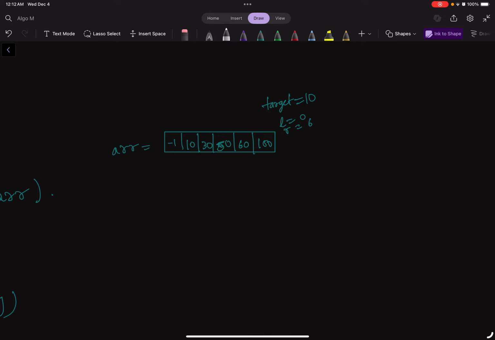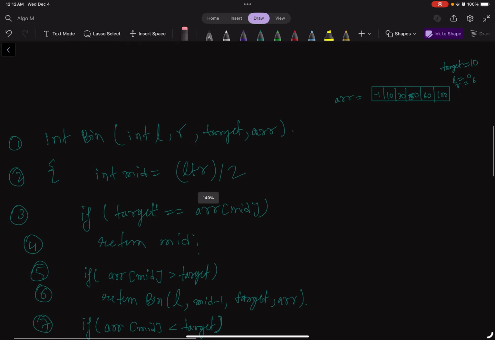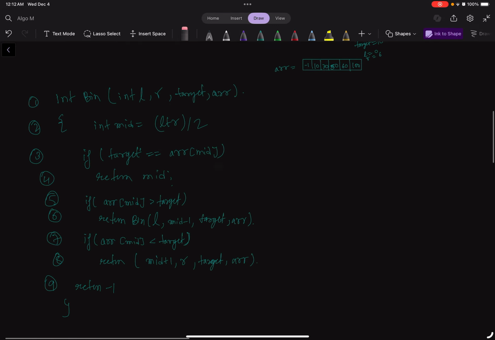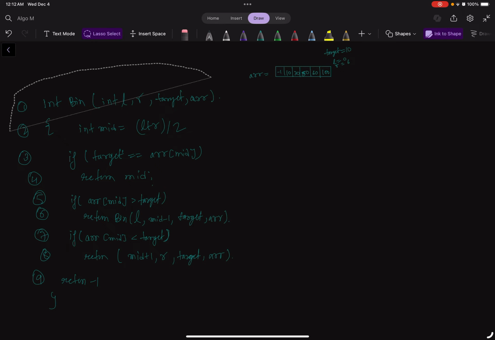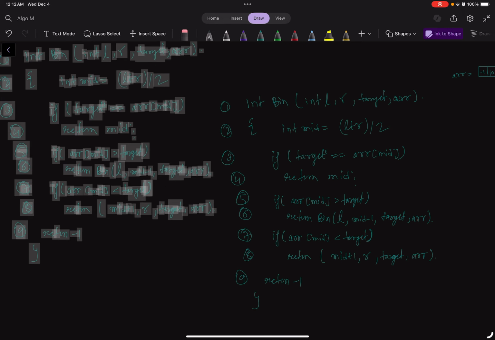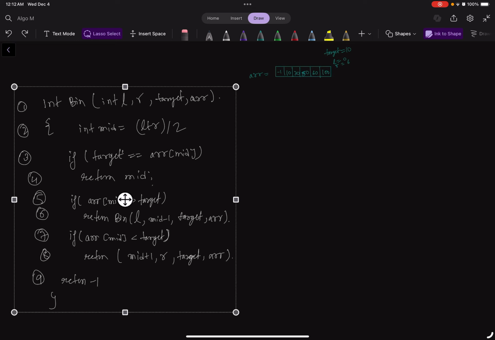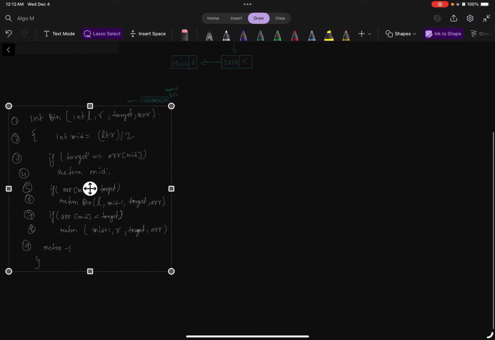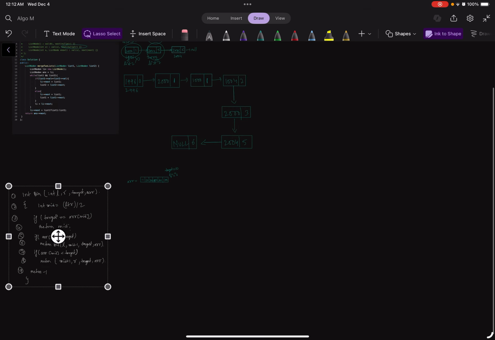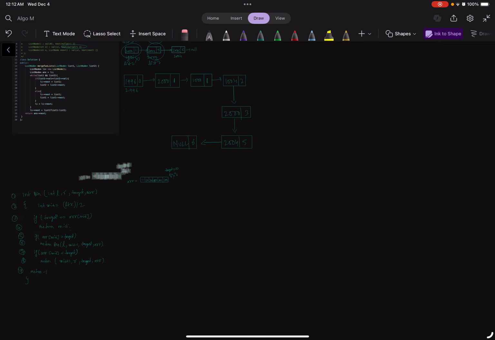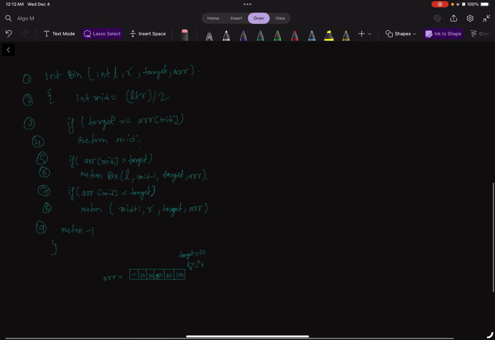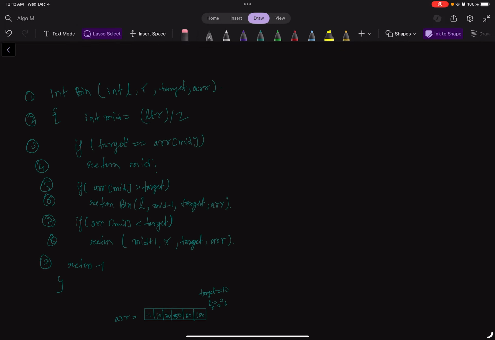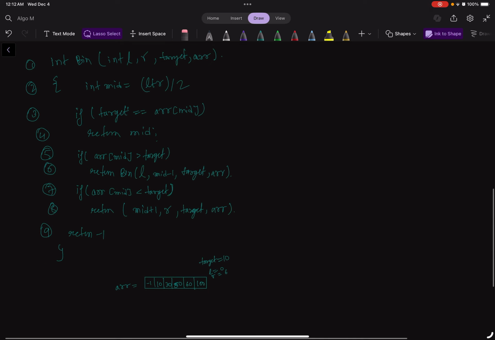And let's start a dry run. So in case of dry run, let me make it smaller, so I'll have more space. So now let's do this from this example.